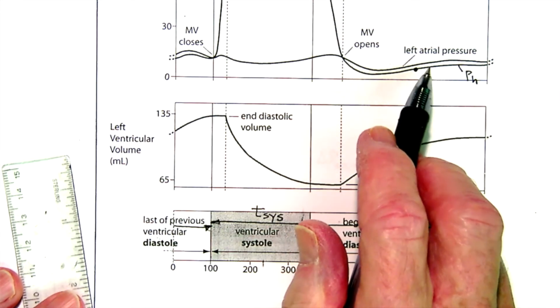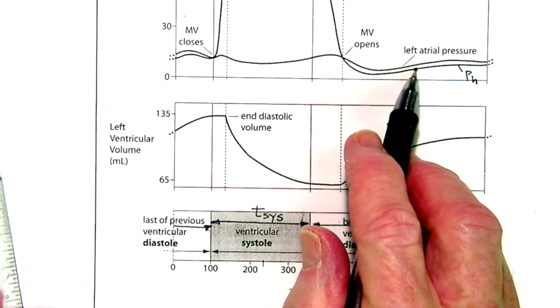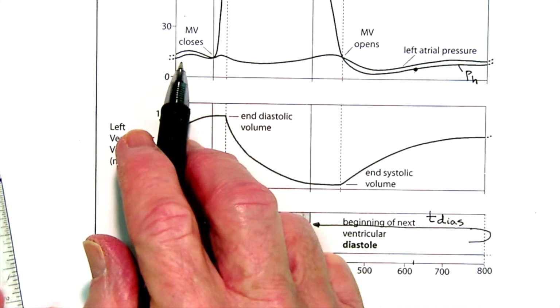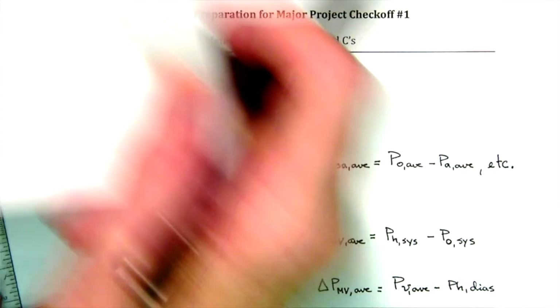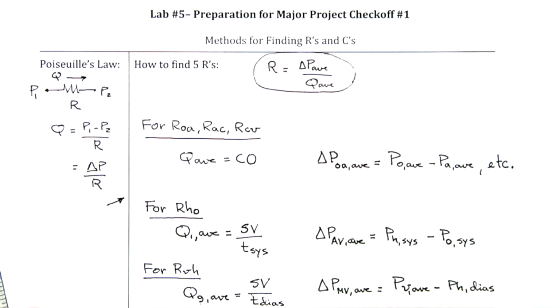Let's let that point be the pressure in the heart during diastole. You go off to the left and estimate what the pressure is and put that in when you get around to doing the calculations for the pressure in the heart during diastole. And that will allow you now to find the numerator and the denominator to find R sub VH.